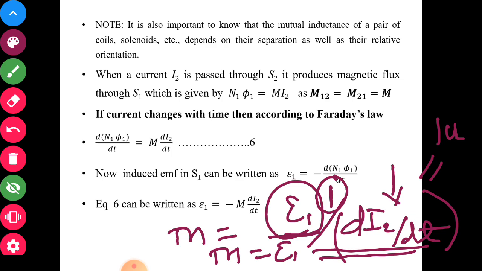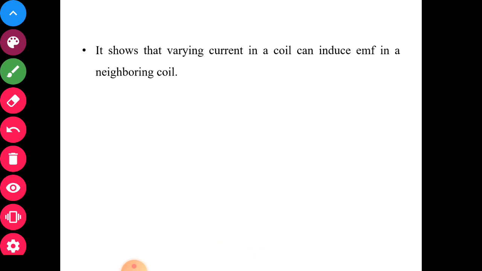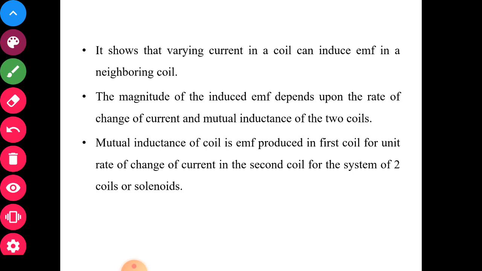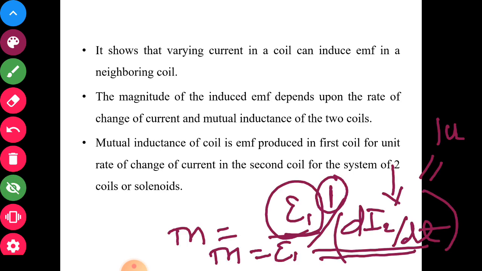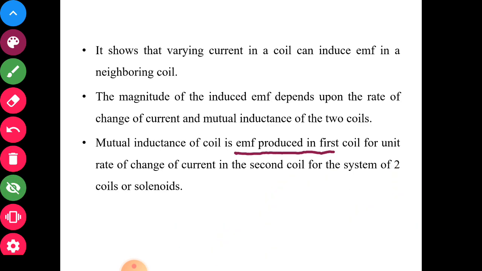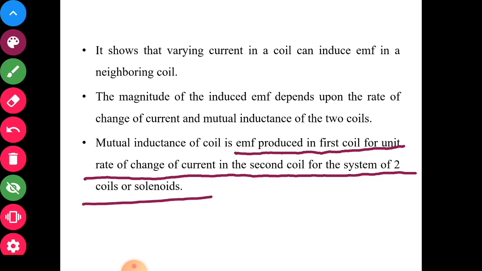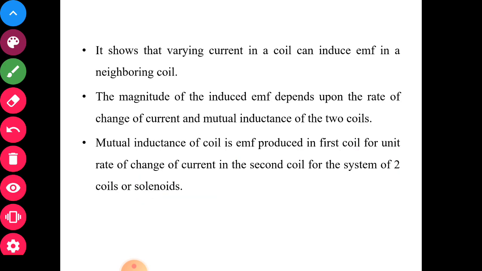That is called the mutual inductance of the system of two coils. So mutual inductance of coils can be defined as the electromotive force produced in the first coil for unit rate of change of current in the second coil, for the system of two coils or solenoids. Okay, so that is the definition.